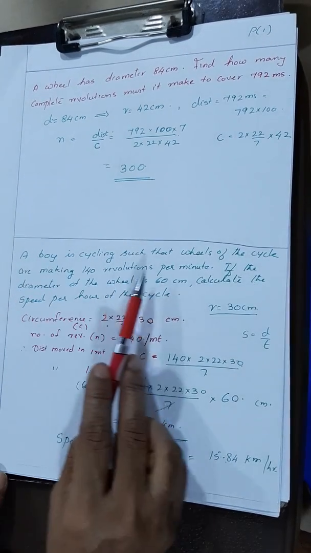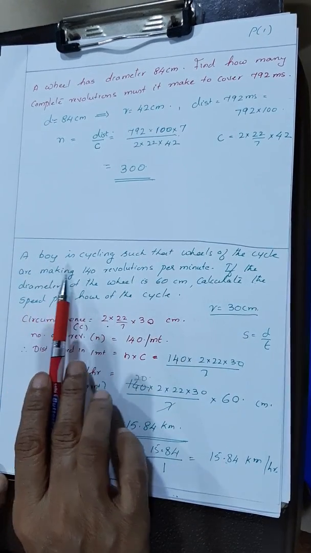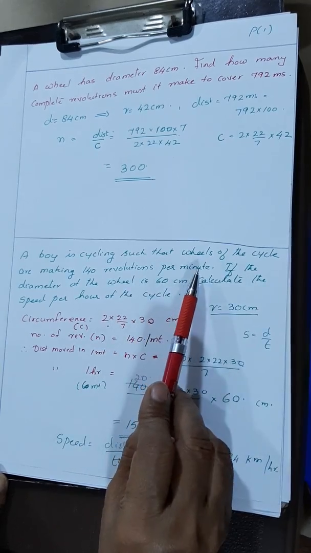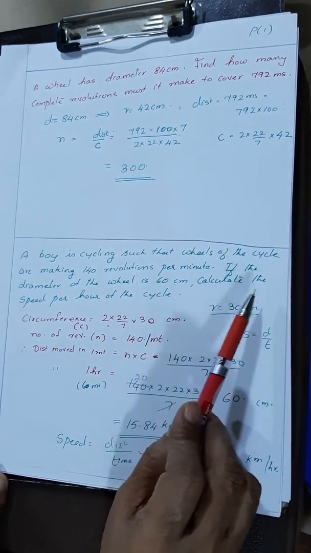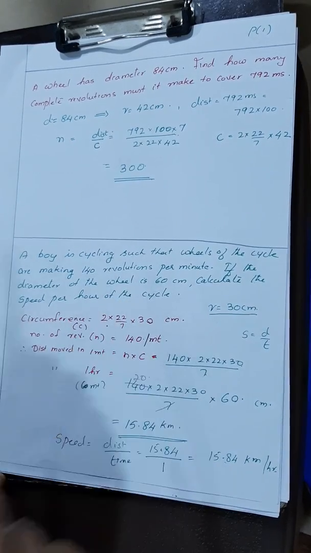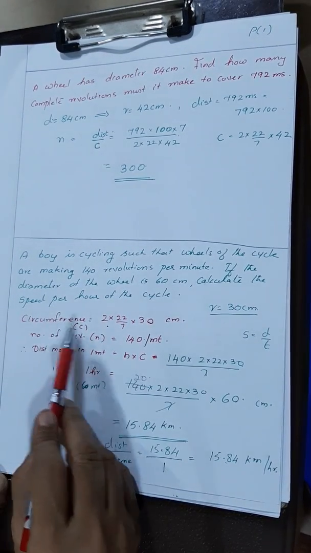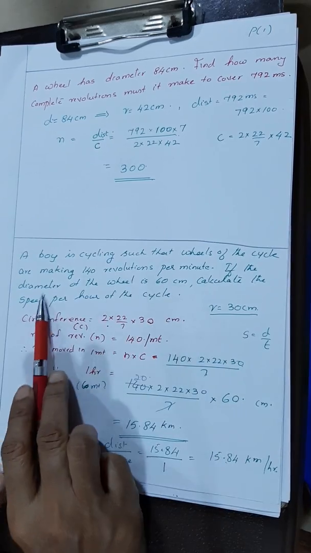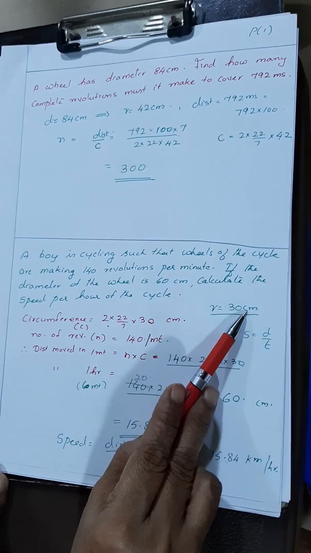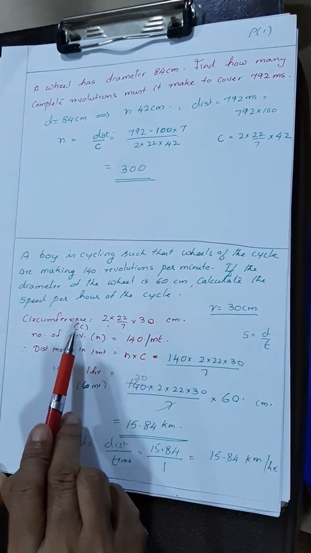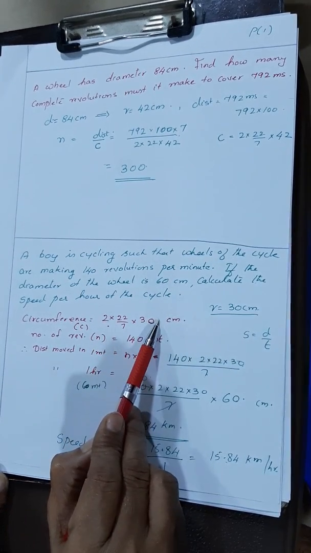Now a boy is cycling such that the wheels of the cycle are making 140 revolutions per minute. If the diameter of the wheel is 60 centimeters, calculate the speed per hour of the cycle. The diameter is 60 centimeters, so r is equal to 30. From that you can find the circumference, 2 pi r.